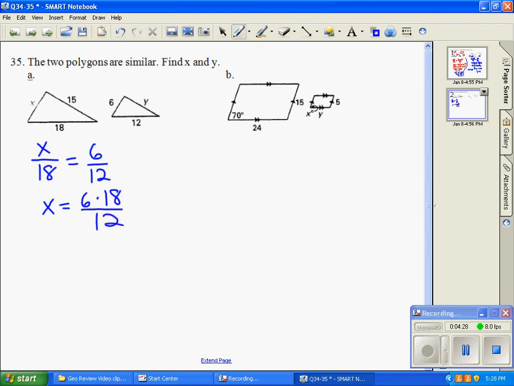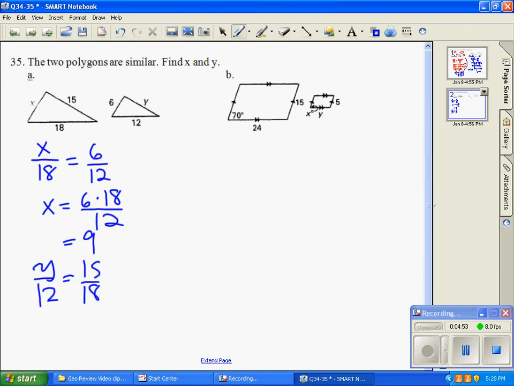Okay, so we want to just do the multiplication. So this comes out to 9. x equals 9. Okay, so we still have to find the y. Again, pick two values. We can say y over 12 equals 15 over 18.